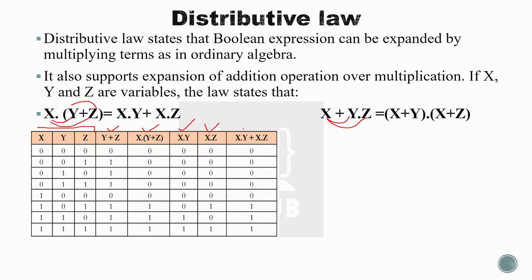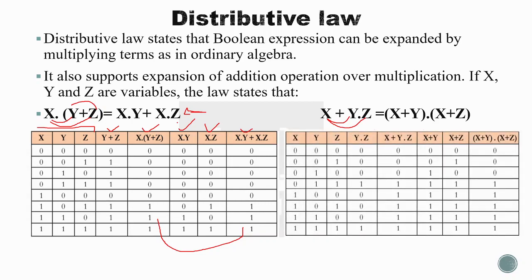Then x into y plus x into z. Based on this law, we write these columns in the truth table and find whether these two values are equal. We check x into (y plus z), that means this column, equal to x into y plus x into z. These two columns are exactly equal, which means this theorem is proved.